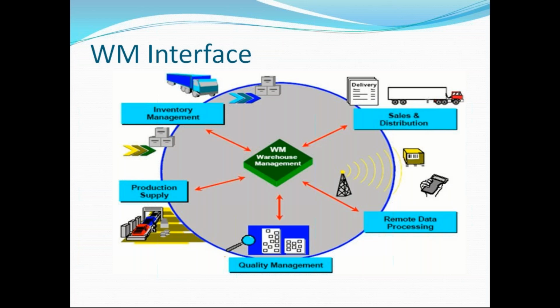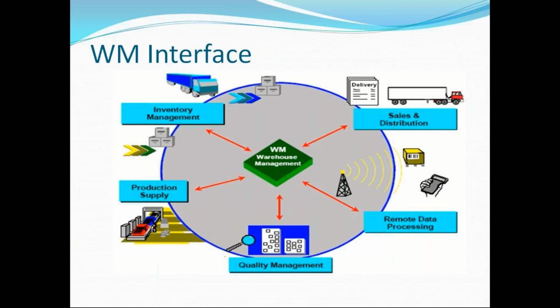Then the quality management system. Quality management is involved in both the inbound and the outbound process. In the inbound process, after doing the goods receipt, before material comes into your warehouse management system, there will be a quality management module which will check whether the received material has the standard to satisfy your own company's activities.